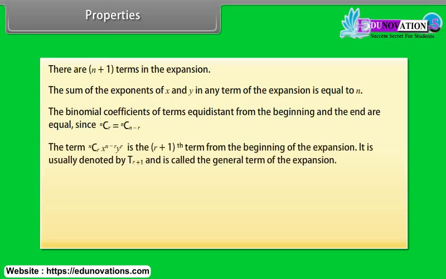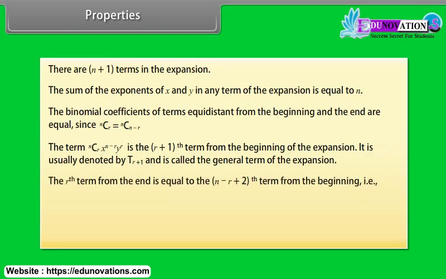The term nCr x^(n−r) y^r is the (r + 1)th term from the beginning of the expansion. It is usually denoted by t(r+1) and is called the general term of the expansion.